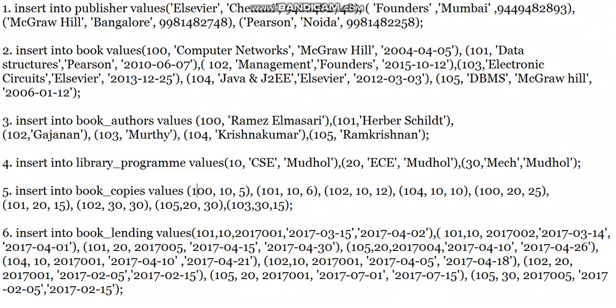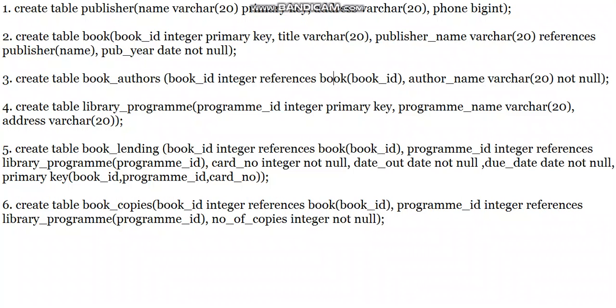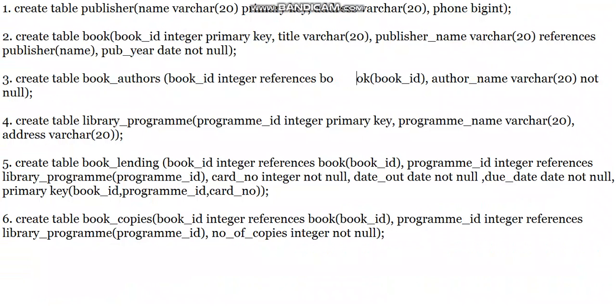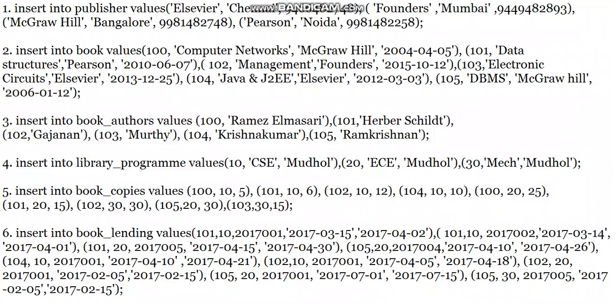Then the next one is insert into book copies values. Book copies has book ID, program ID, and number of copies. Book ID again is 100 and program ID is 10. Program ID 10 means it is CSE, so book 100 belongs to the CSE department. It has 5 copies.